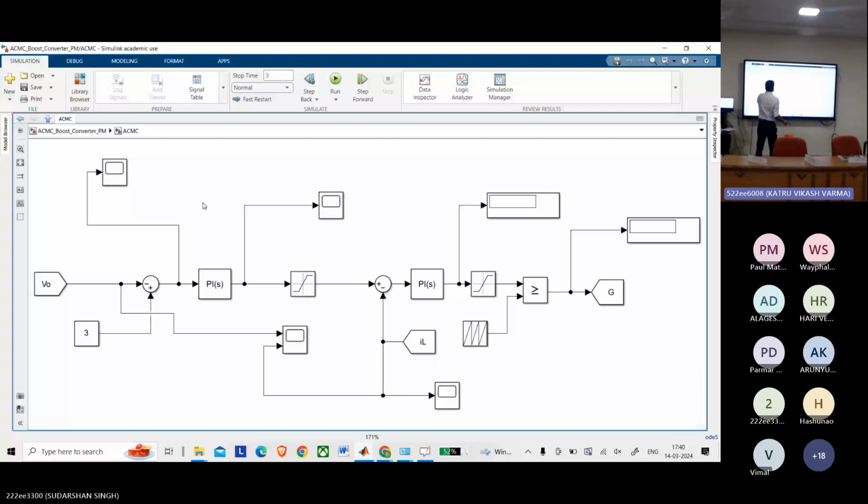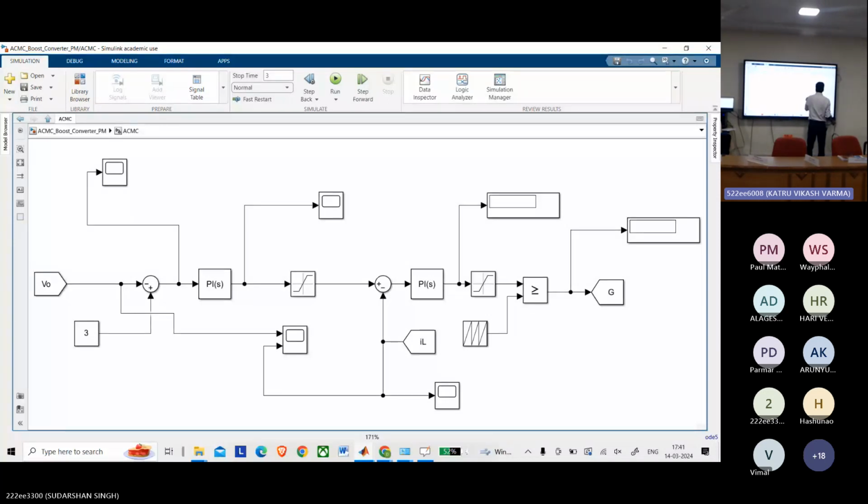This error is passing through the PI, and obviously we are using some saturation block here. So this will give me the current reference value. This current reference value is compared with your IL, and then we have the inner loop PI. Then this is basically your modulator. So this is your sawtooth waveform.